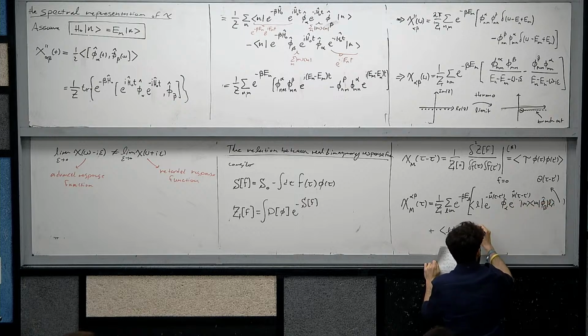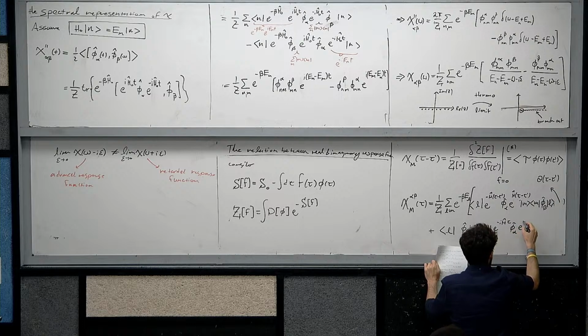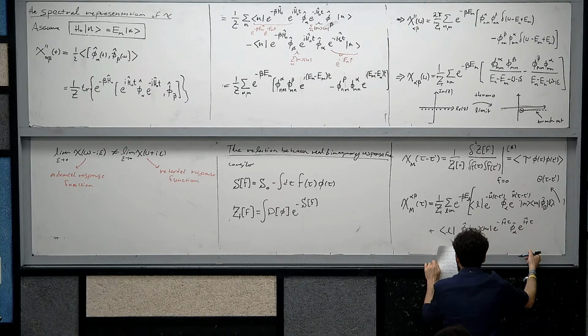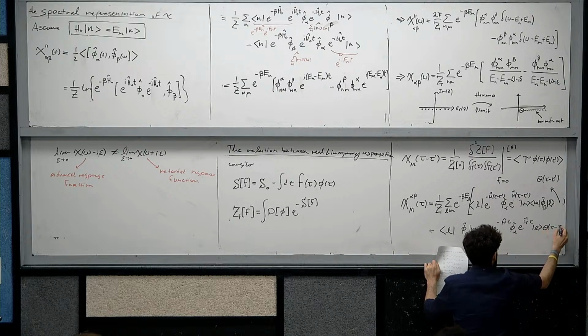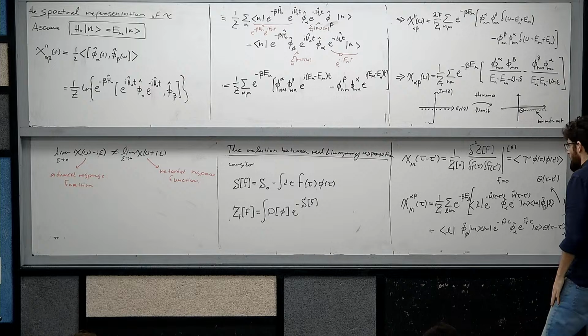Phi beta m, e to the minus H tau. I see that in my notes I have a lot of mistakes, but this is not i. This is H tau, L, theta of tau minus tau. Okay, and you guys will help me spot the mistakes.